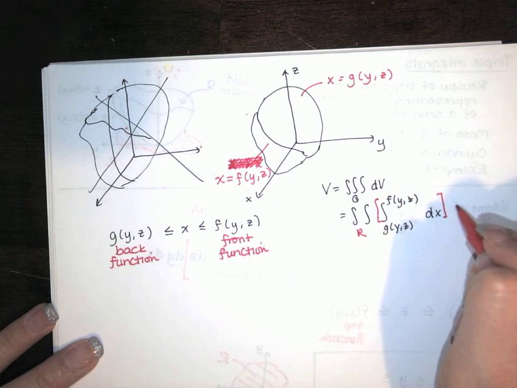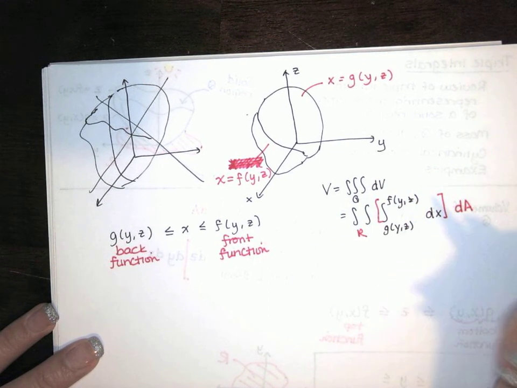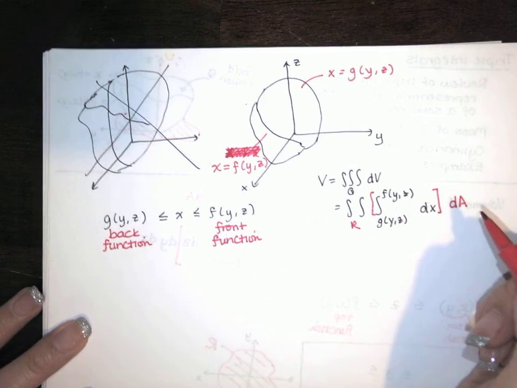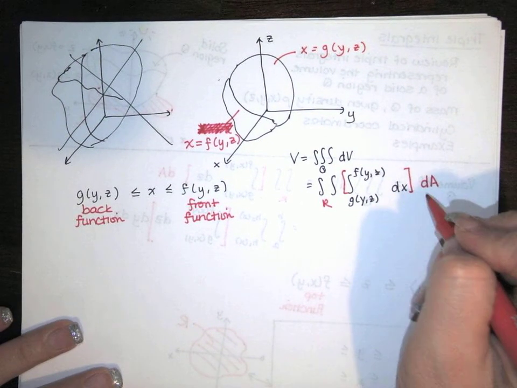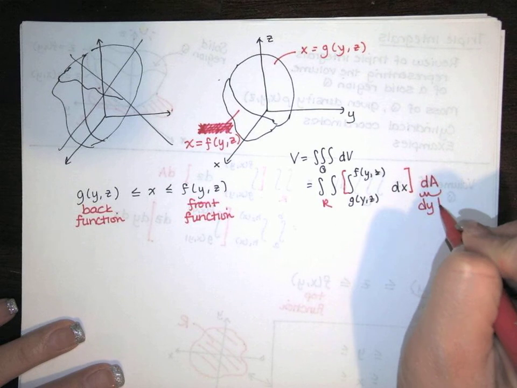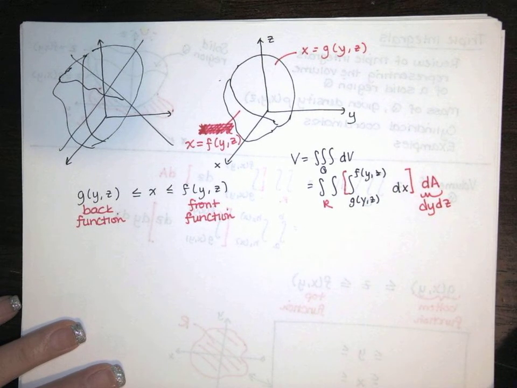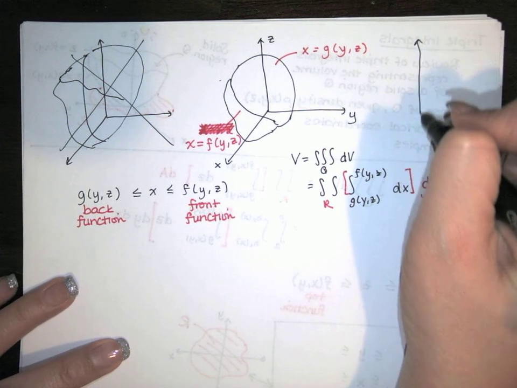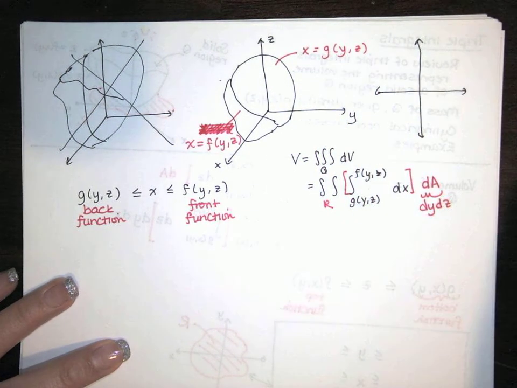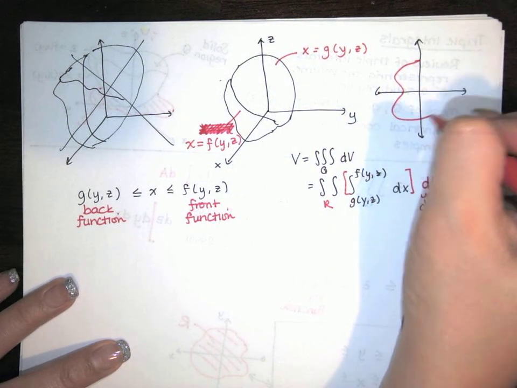And then we're going to project again, but this time dA is not dx dy. You've already taken care of dx. This is dy dz or dz dy, either one. So you're going to project onto the yz plane. I don't know what it will look like.